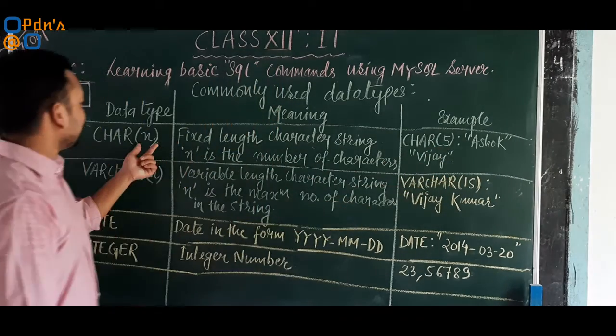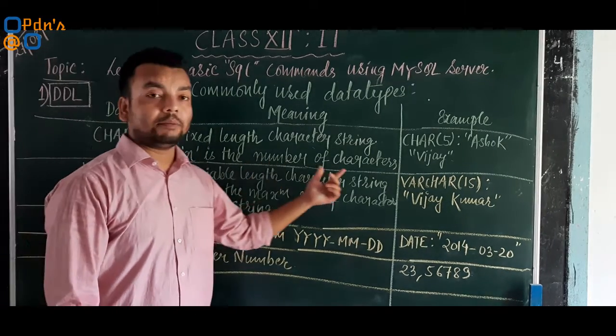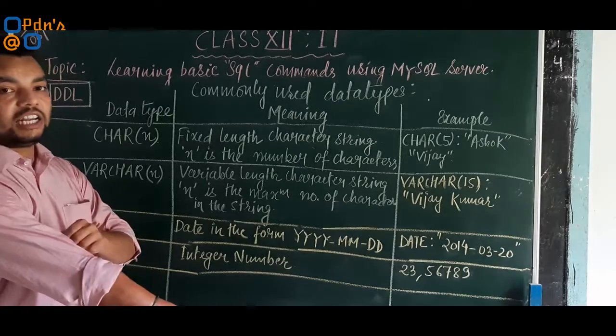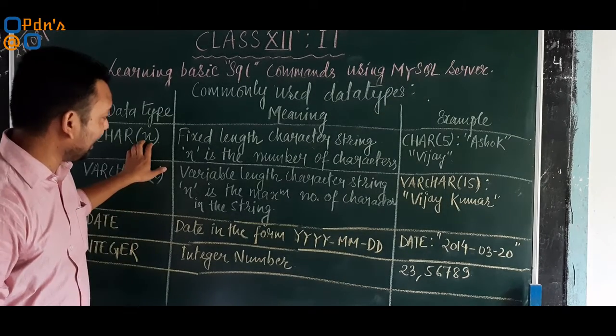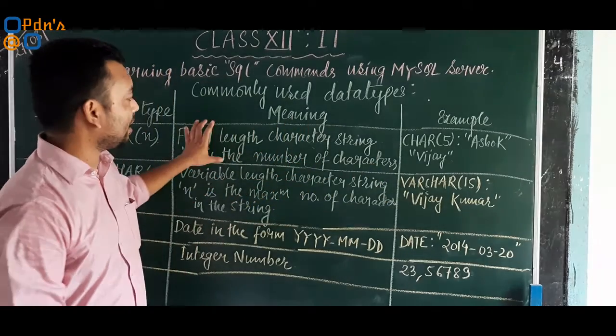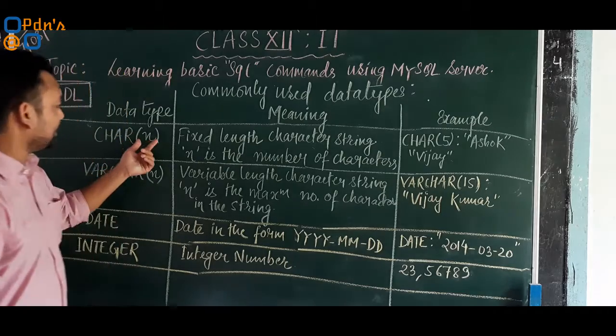And here inside this bracket, n stands for the number of characters, not strings, since a string stands for a collection of characters. So n is the total number of characters that we are going to insert inside that particular string.